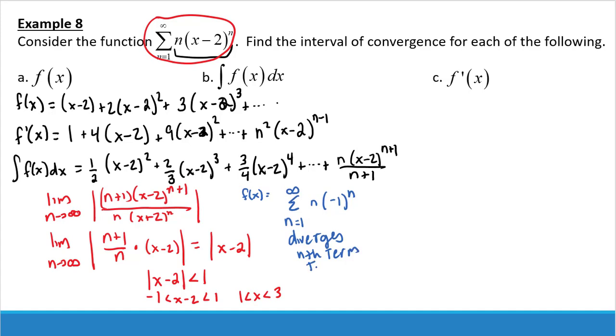I checked 3. Now I'm going to check 1. Actually, no, I checked 1. 3 minus 2, well, that's 1. So this still diverges. Okay, so for the original function, this is my interval of convergence, 1 to 3.